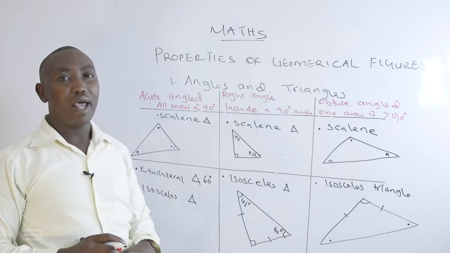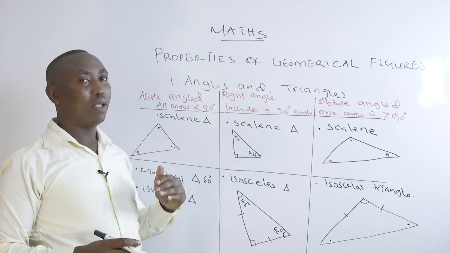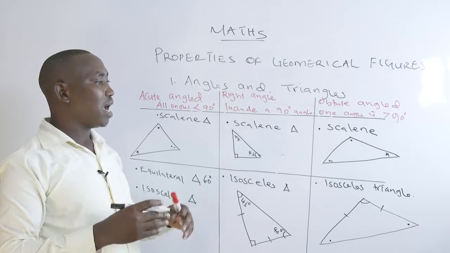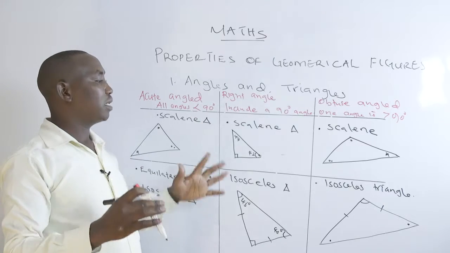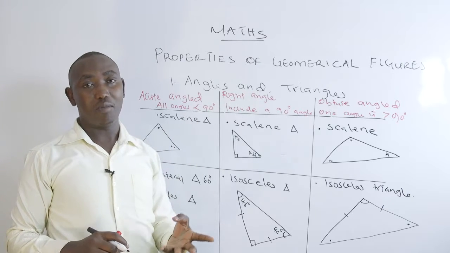So those are the different types of triangles which can be formed depending on the sizes of their angles. But in a nutshell, this summarizes or brings down to only the types of triangles which are available.